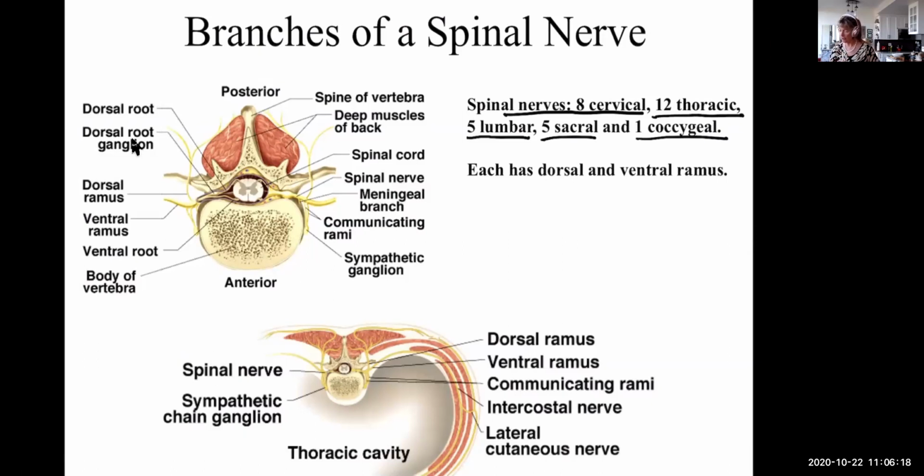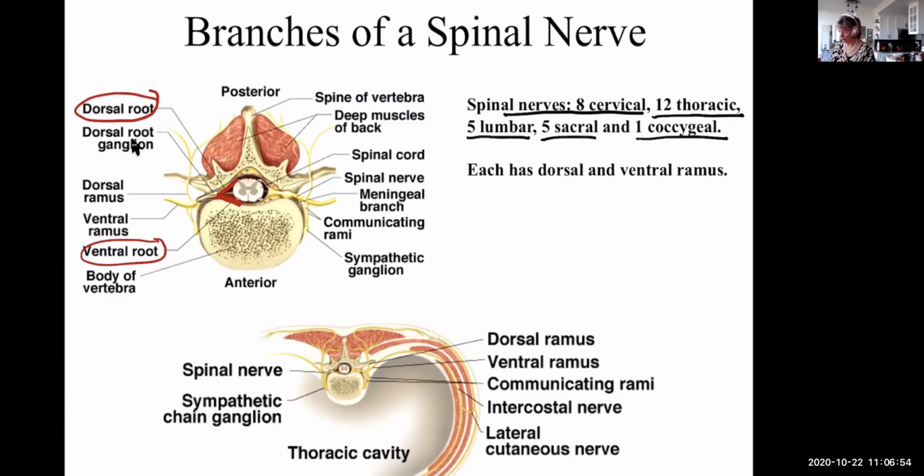So the branches that we've looked at already are branches known as roots. So this is the dorsal root, that's a branch. This is the ventral root, that's a branch. And those are branches of the nerve adjacent and attaching to the spinal cord itself, the dorsal root and the ventral root.